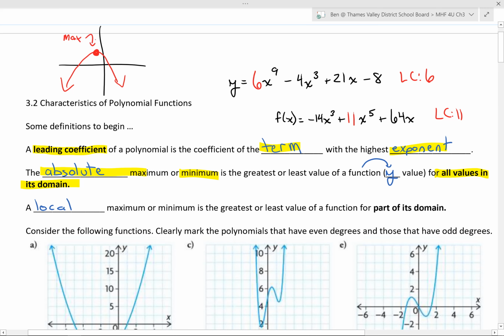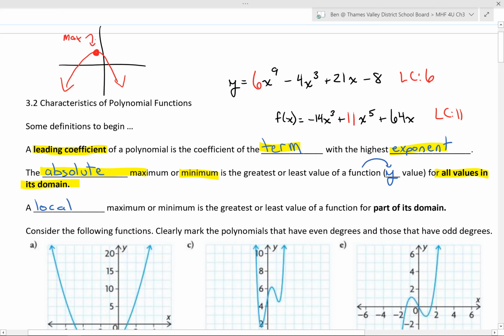Now, with a polynomial function, we can also have a local maximum or minimum. A local maximum or minimum is the greatest or least value of a function for just a part of its domain. So a part of its domain, well, hang on, that might happen all over the place. It doesn't really, right?